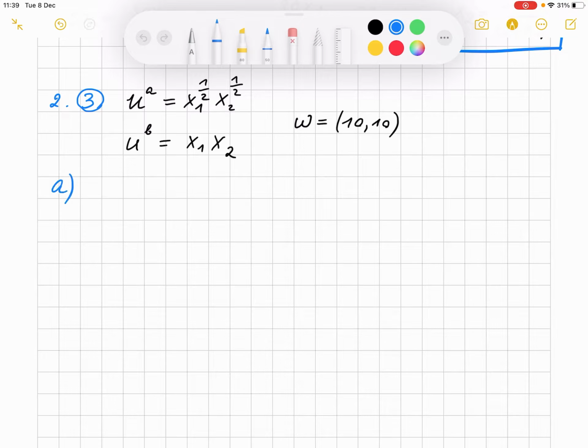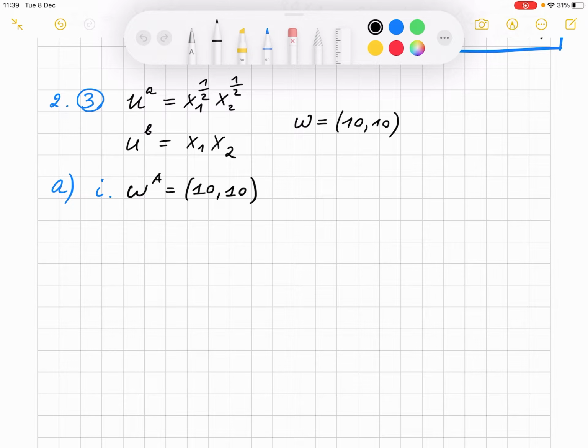So we are solving A, and the first allocation is when we have that agent A has all goods in this economy.